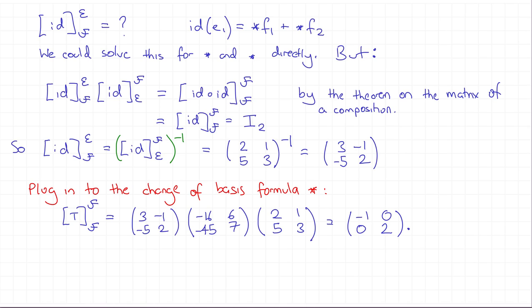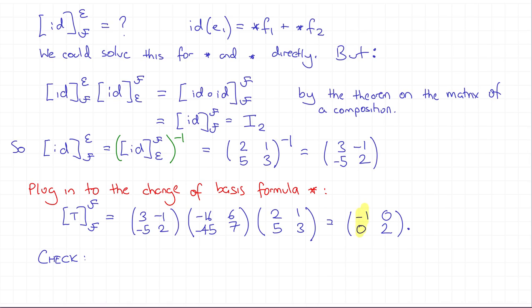So how could I check that I have the right answer here? I've just got some matrix here. It's not really obvious whether or not this is correct. Well, here's a good way to check. What this says is it tells us how to express T of F1 as a linear combination of F1 and F2. That's what the first column of this matrix means.